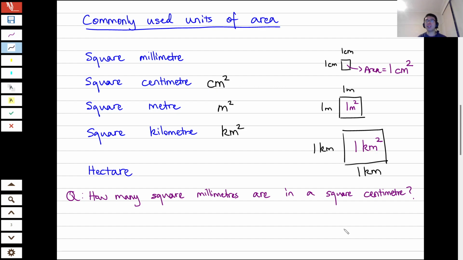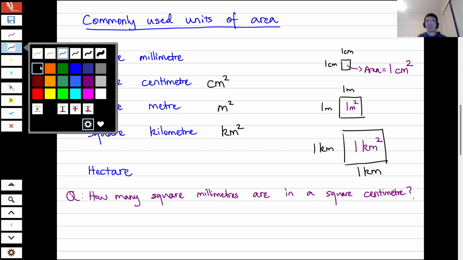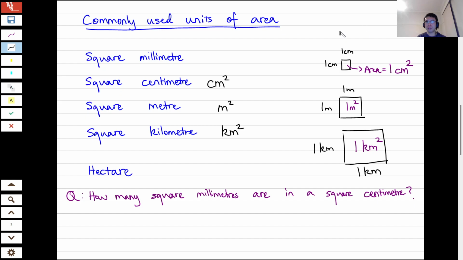I've multiplied the unit by itself. Finally, if I have a really, really small square, 1 millimeter by 1 millimeter, then the area is going to be 1 millimeter squared, or 1 square millimeter.